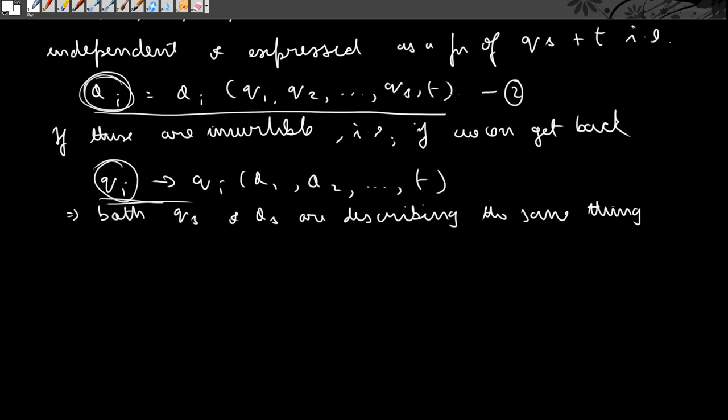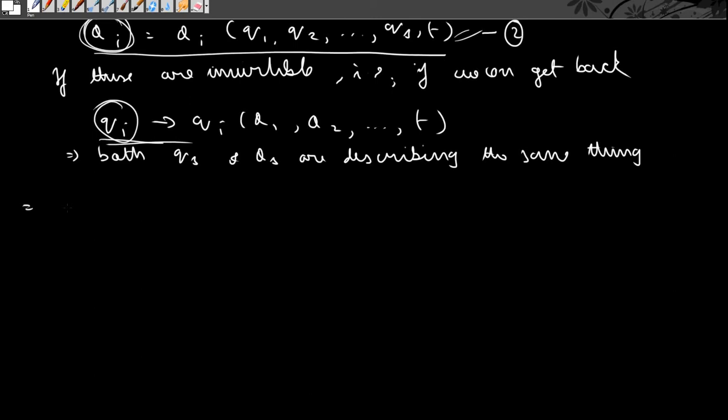Okay, and the need to do this is to find a new set of coordinates wherein there are more cyclic coordinates, which makes our problem easier to solve. Okay, all right.